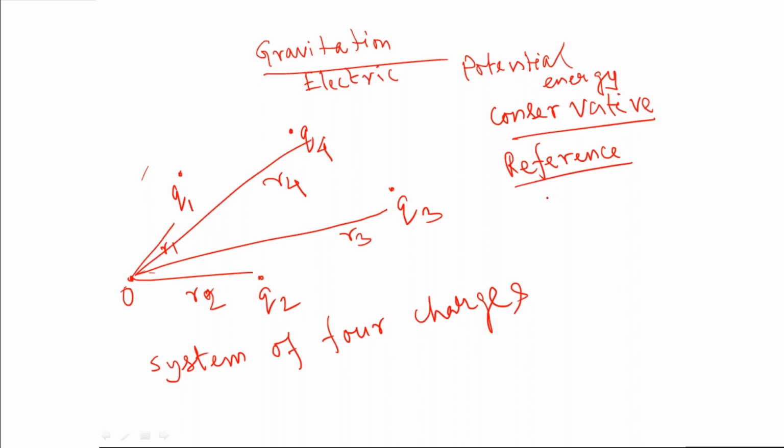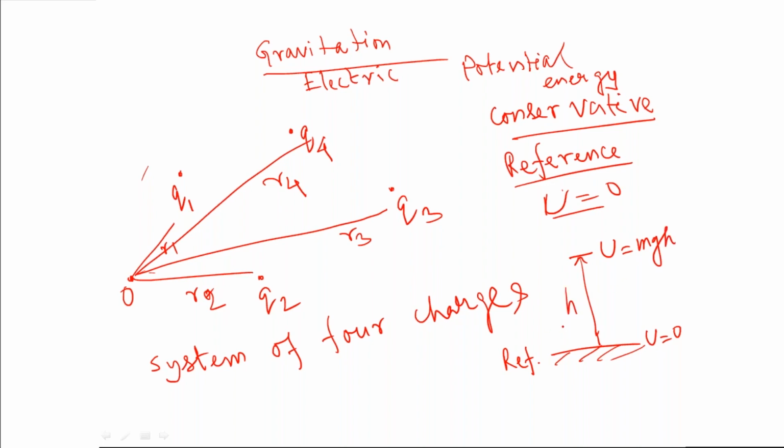Suppose for gravitational potential energy, at the ground it is zero. So this is the reference, because the gravitational potential energy is zero at the ground, and at a certain height, with respect to the ground, some potential energy is there, that is mgh. Similarly, if this is the height h, how do we define potential energy?